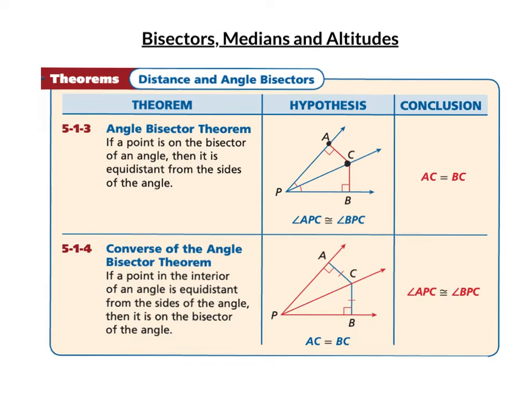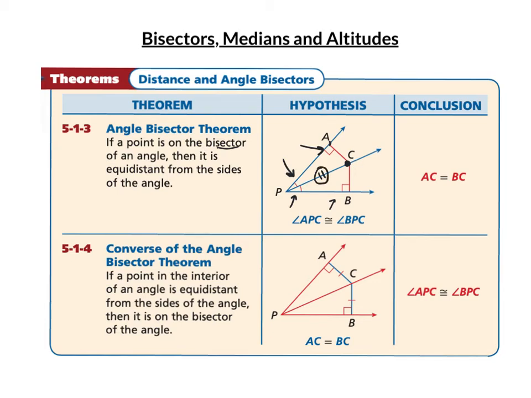We can see why this is true because if you look at the two triangles, what I have is an angle, that is the right angle. I have an angle, remember that is a bisector, so there's two equal angles there, and they share a side. So the two triangles are congruent by angle, angle, side.